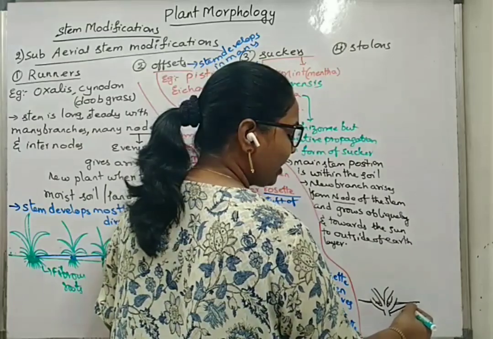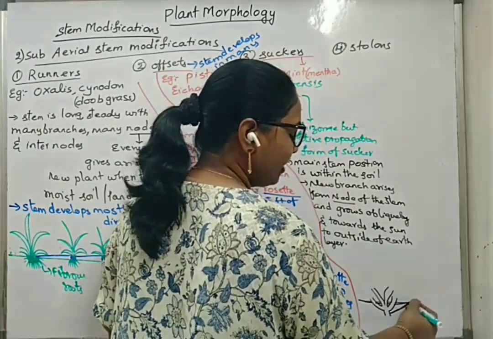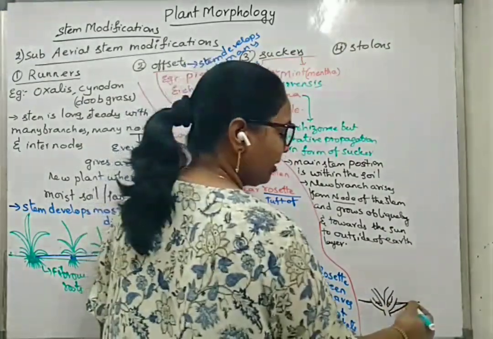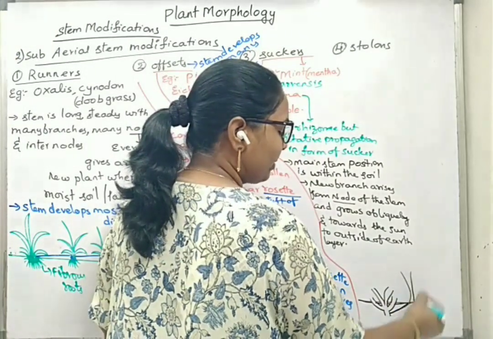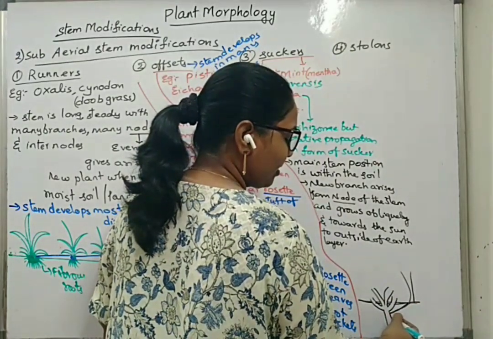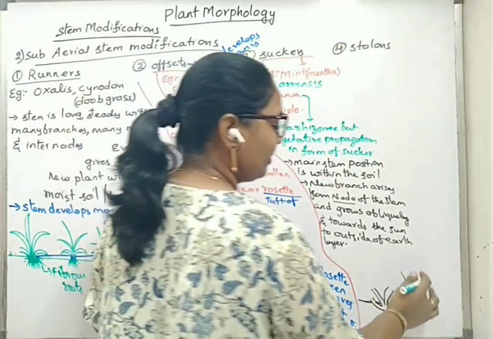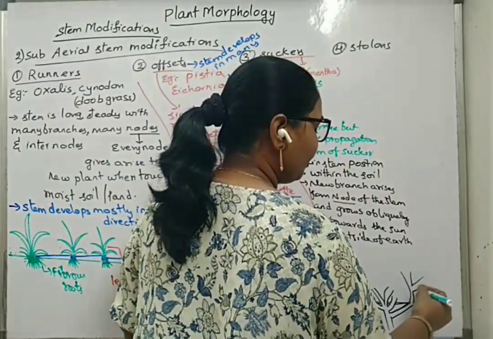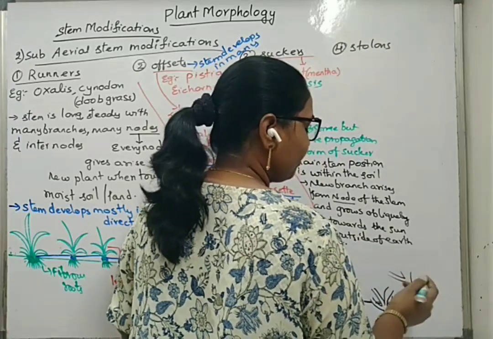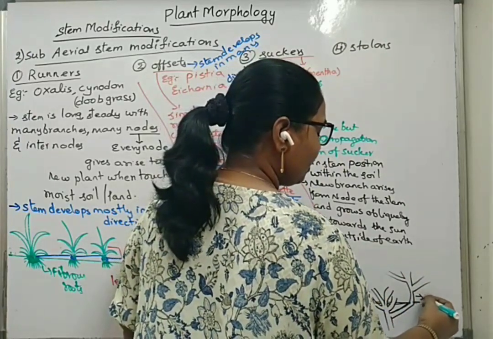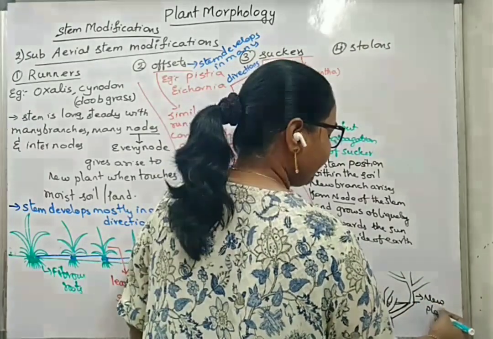So a new branch arises obliquely up to some distance. Then it will be coming to the uppermost part of the earth layer, and it will be giving out new branches. So this is a new plant.